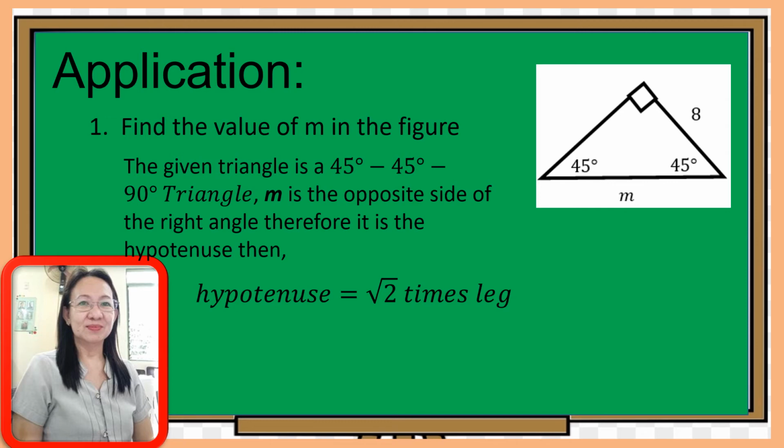Then by substitution, the hypotenuse is represented as m. Then the constant square root of 2 is multiplied to the leg, which is 8. Therefore, the square root of 2 times 8 is 8 square root of 2. And this is the length of the hypotenuse.